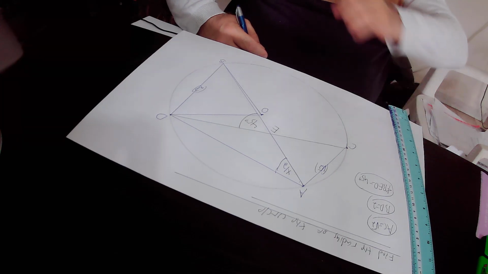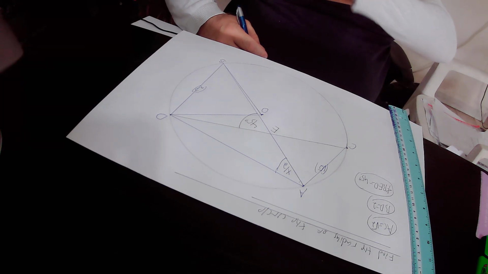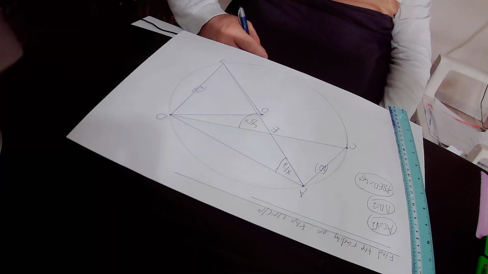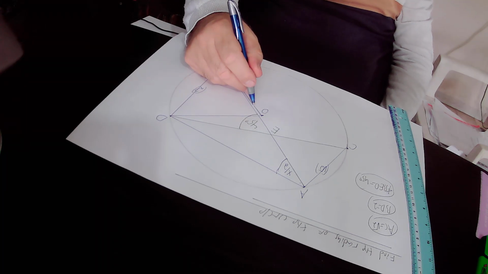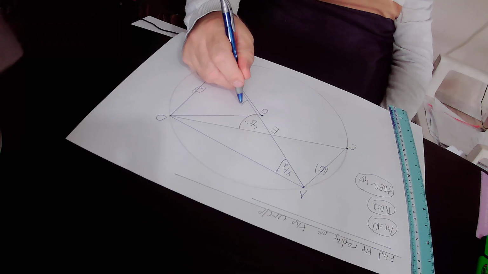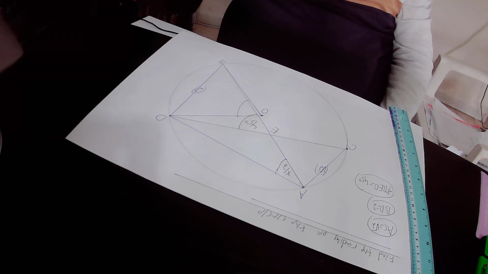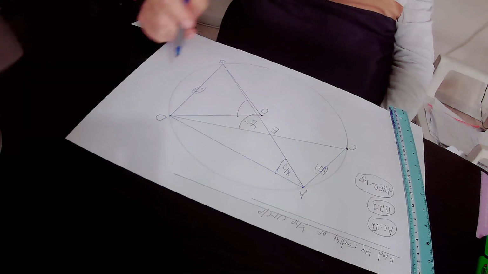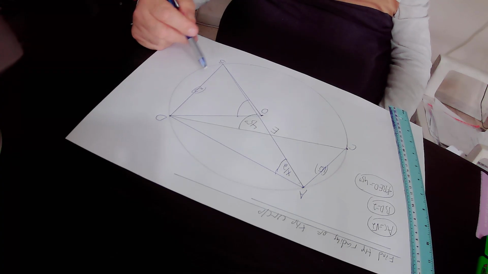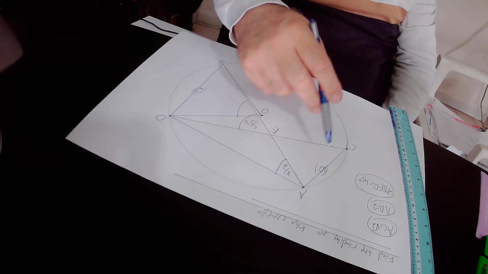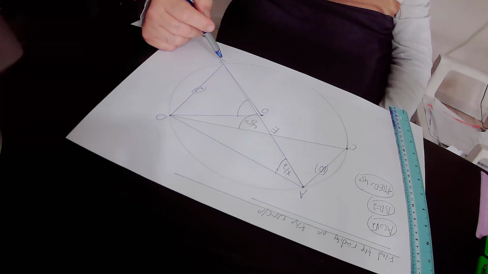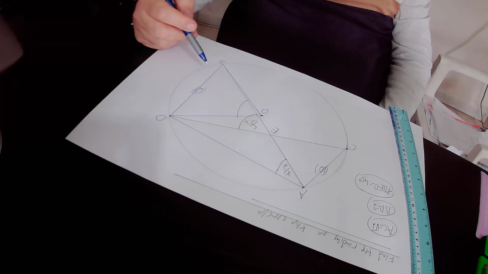By doing this construction, we created the center angle BOD. This is the center angle BOD, and the center angle BOD subtends on chord BD. And we also have here peripheral angle BAD subtends also on chord BD.